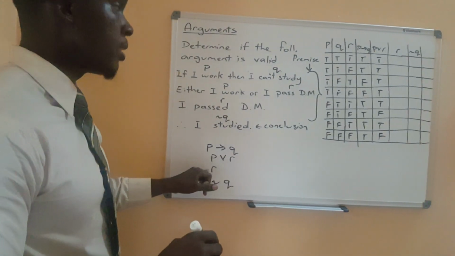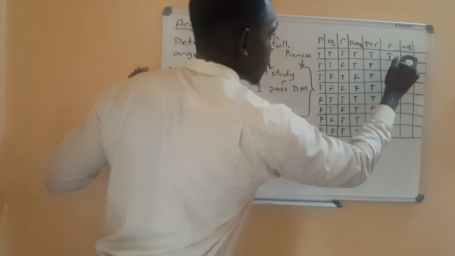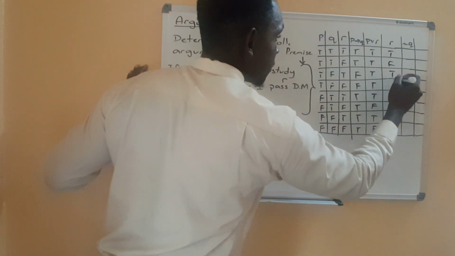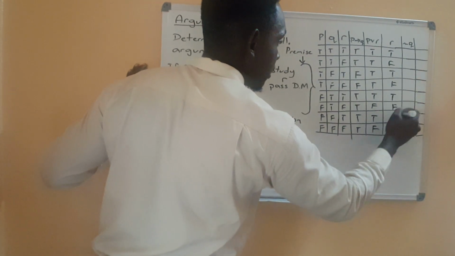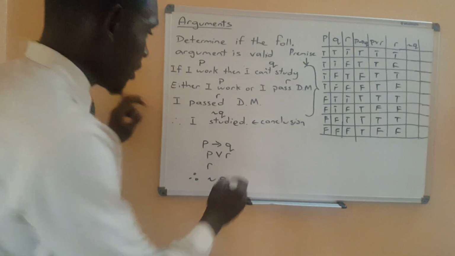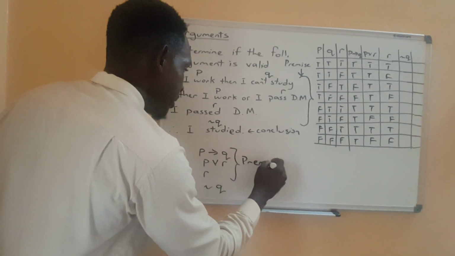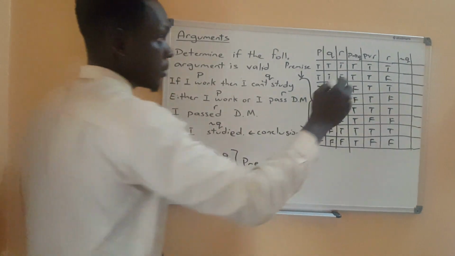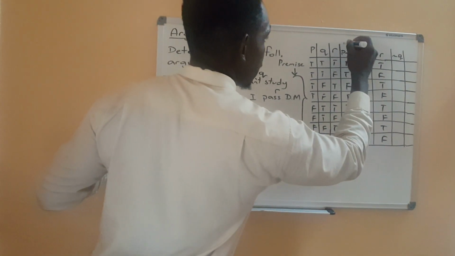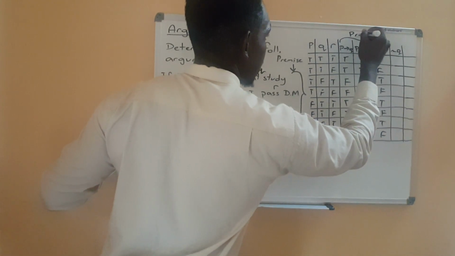For R, we just write back what was R: true, false, true, false, true, false, true, false. Now, all of these here formed our premise.